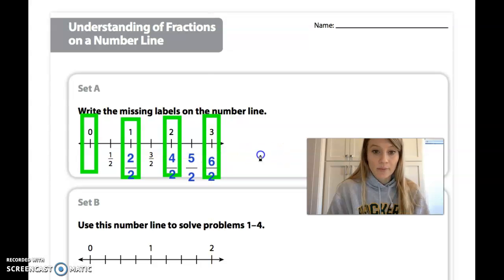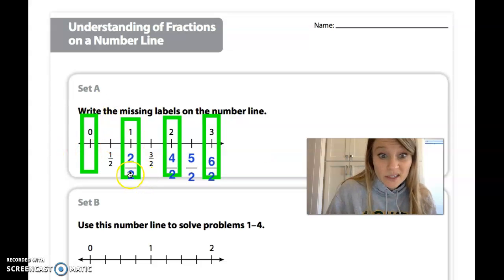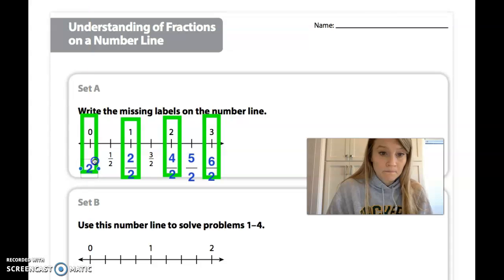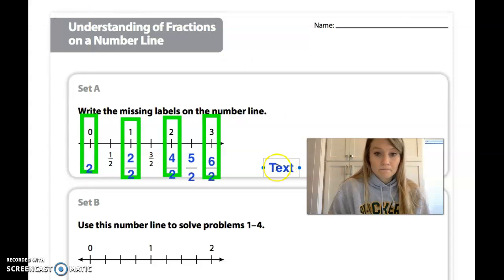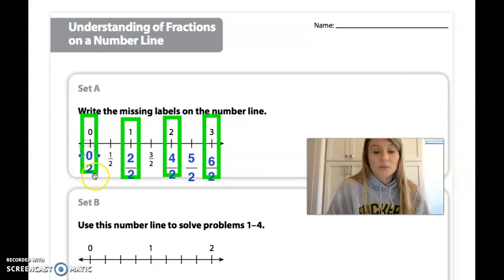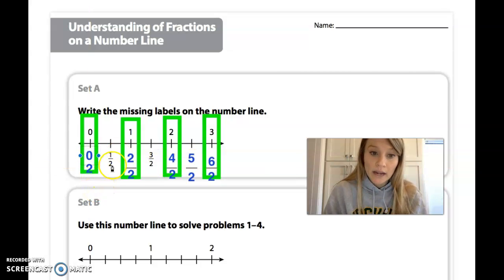So now let's count. Oh, I probably could put my 0 halves here, so it's all connected. I'm going to go ahead and do that. So we have 0 halves, 1 half, 2 halves, 3 halves, 4 halves, 5 halves, 6 halves.